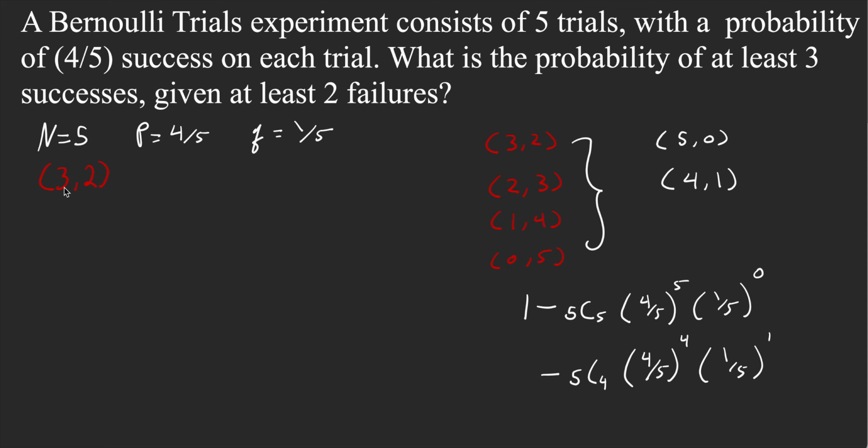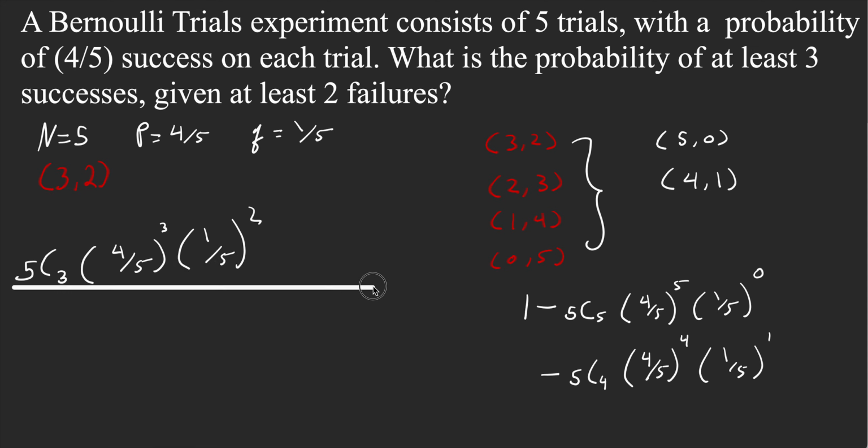What's the numerator? 3 wins, 2 losses. So I think the probability of at least 3 successes given at least 2 failures would be 5 choose 3, 4/5 to the 3rd, 1/5 to the 2nd, over 1 minus 5 choose 5, 4/5 to the 5th, 1/5 to the 0th, minus 5 choose 4, 4/5 to the 4th, 1/5 to the 1st.